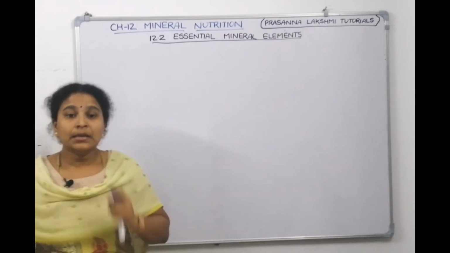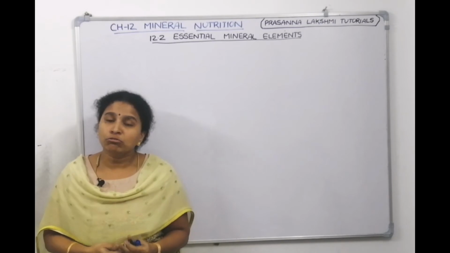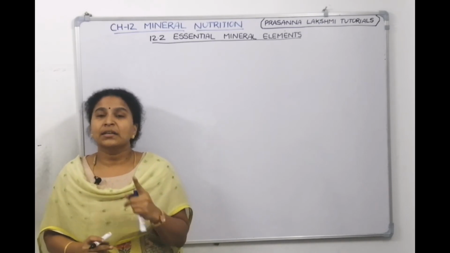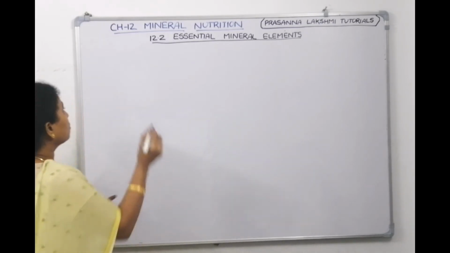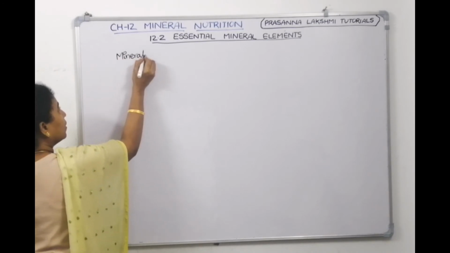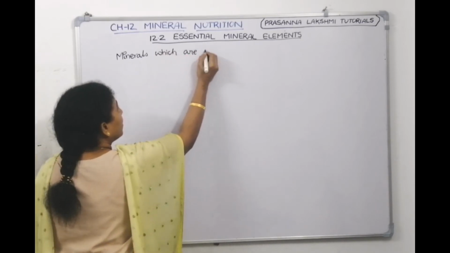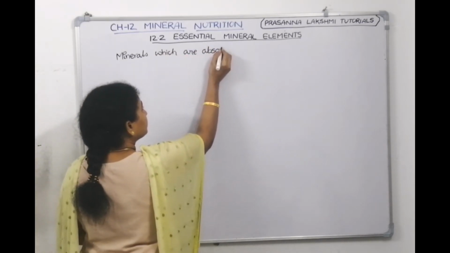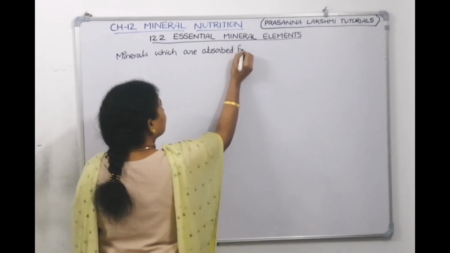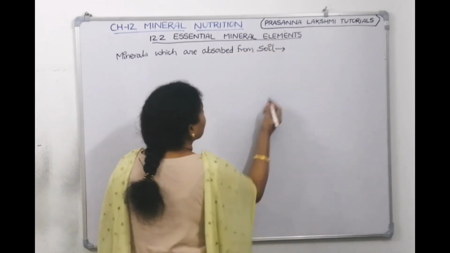Now, the minerals which are absorbed by the plant from the soil are called mineral elements. Okay, what are they called?